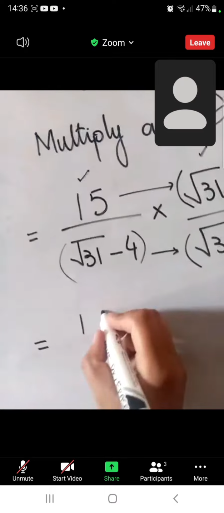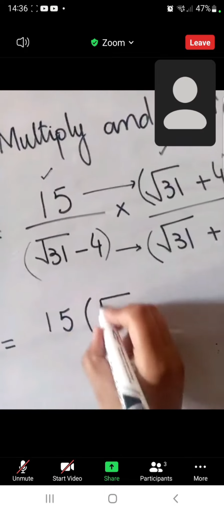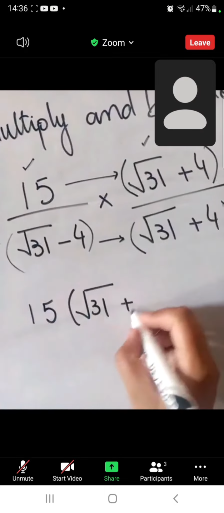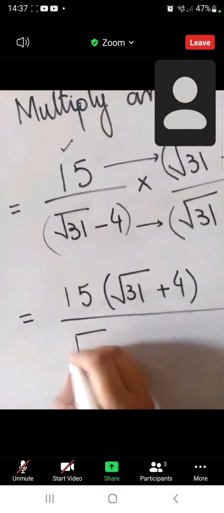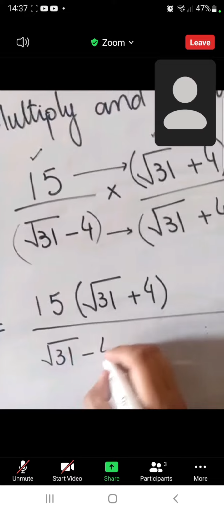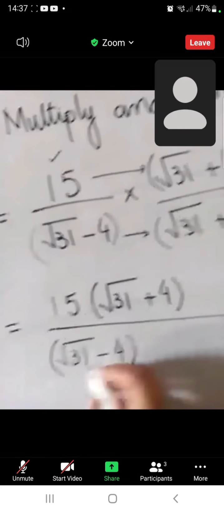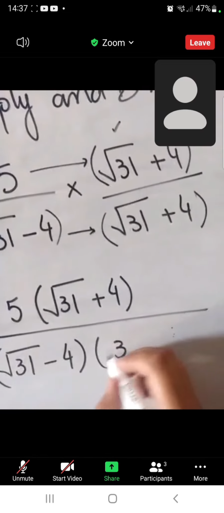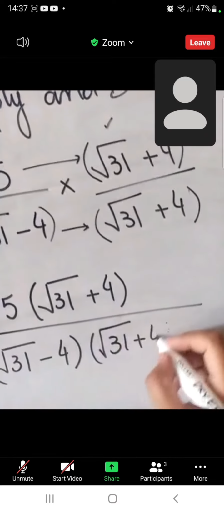Here you will write 15 times square root 31 plus 4, into, in combined multiplication form, square root 31 minus 4 into square root 31 plus 4.